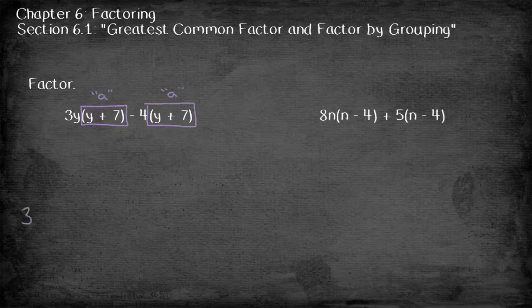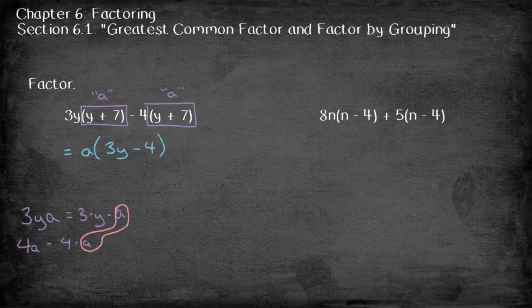We then have 3y times a, which would be 3 times y times a, and that's what's in common. But really this a is y plus 7.